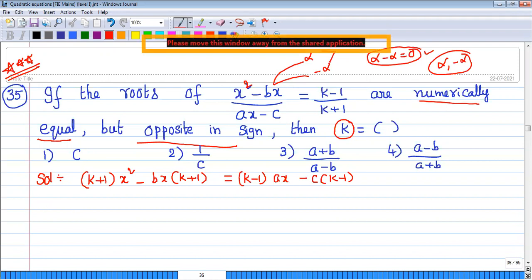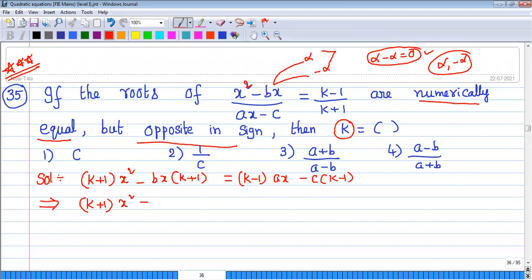So this can be simplified like this: k plus 1 of x square minus b of k plus 1 of x, minus a of k minus 1 of x plus c times k minus 1 equals to 0. This is the general form of the quadratic equation.